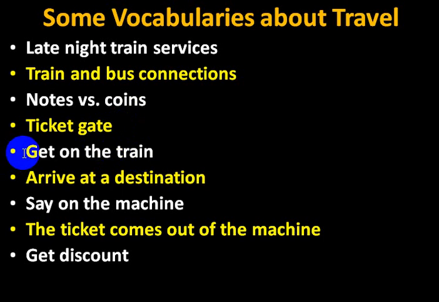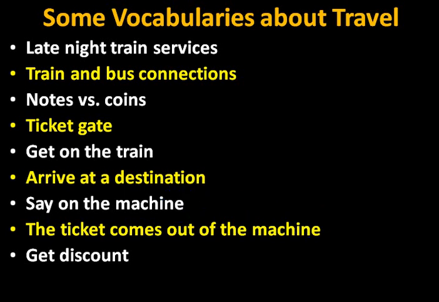See, we use the verb "get on." Arrive at a destination. Stay on the machine. How can I know how much money the ticket costs? You can say it will say on the machine. The ticket comes out of the machine. Get a discount. So all these vocabularies are available in your book.